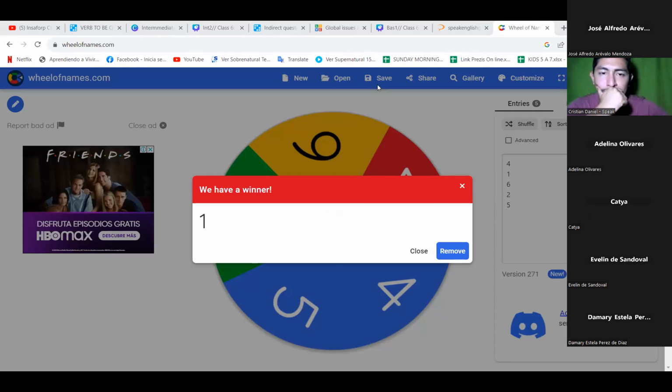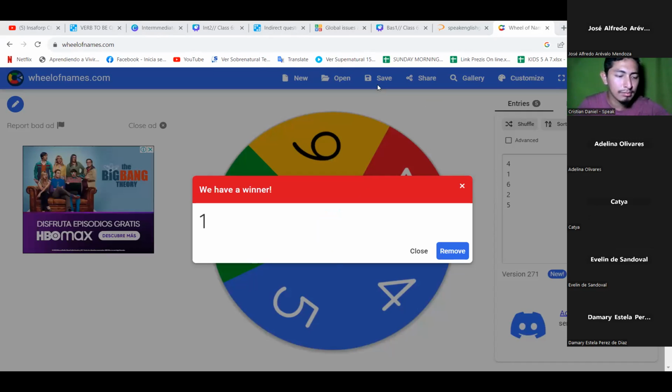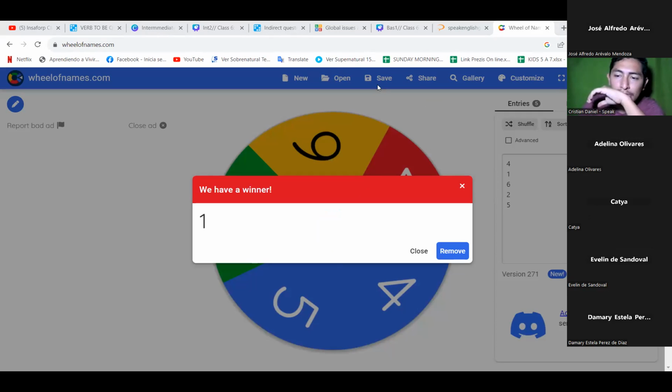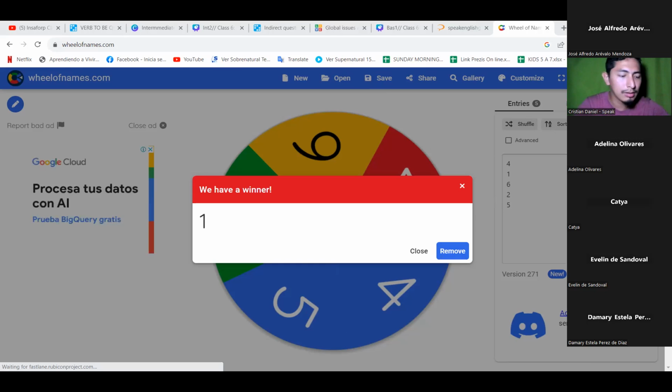Okay, we talked with Abigail and Adelina about our perfect city. It is cold, because when the city is cold, it is our perfect weather. And Abigail told us we need a peaceful country. Why?